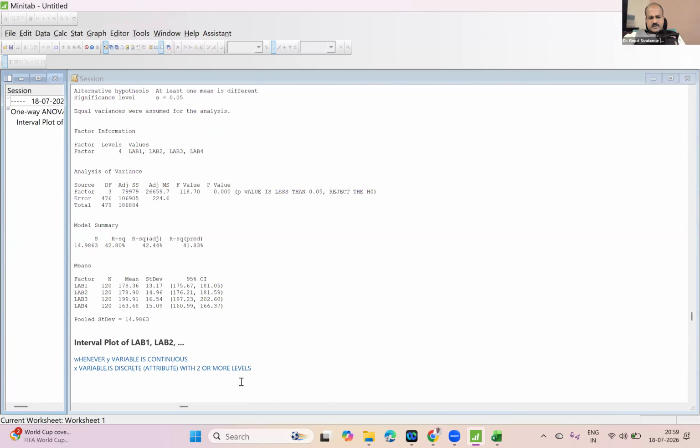Now, meaning you have two machines. What is your output Y variable here? What is the Y variable? Cutlet diameter. What is your X variable here?